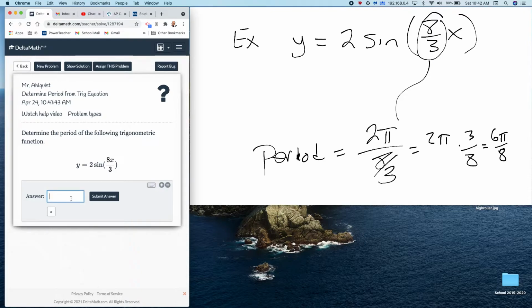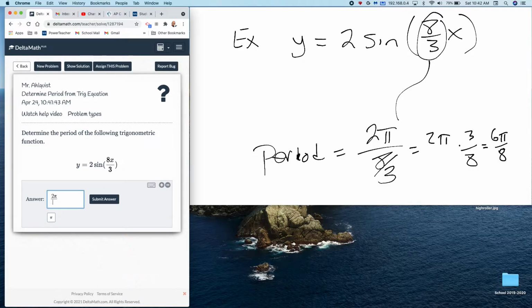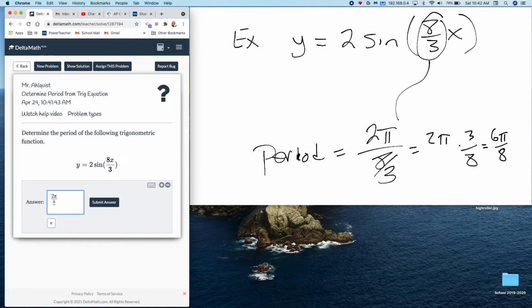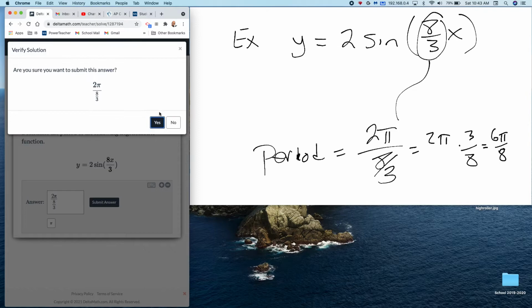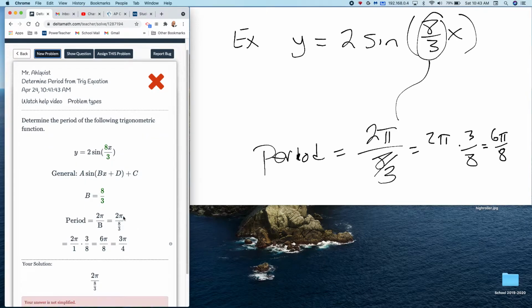I'm going to try to put in 2 pi divided by 8/3, and I don't know if they're going to let me do that, but we're going to give it a shot and see what they say.